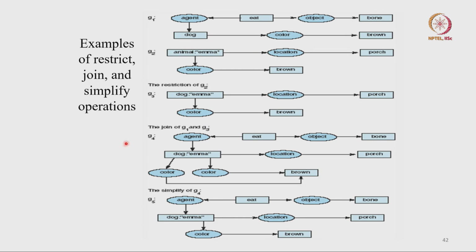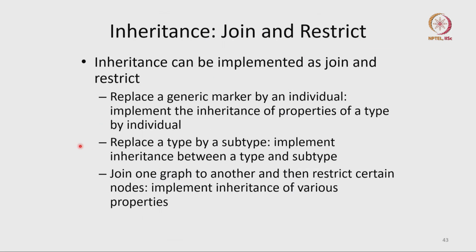So, in this conceptual graphs, you have things like called restrict, join, and simplify operations, which can be used basically. And inheritance is implemented by using join and restrict. Okay.